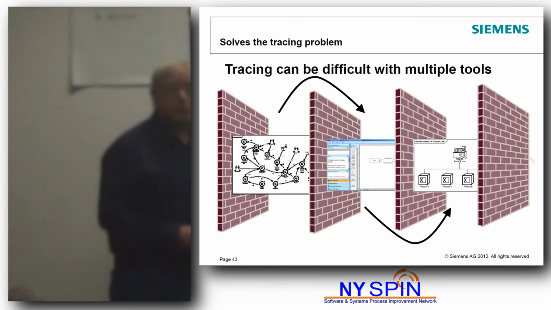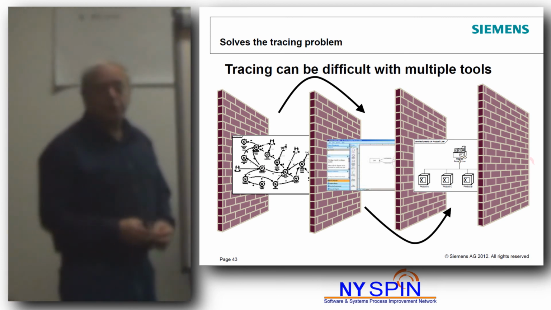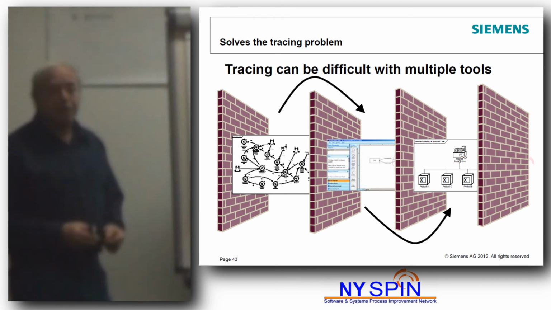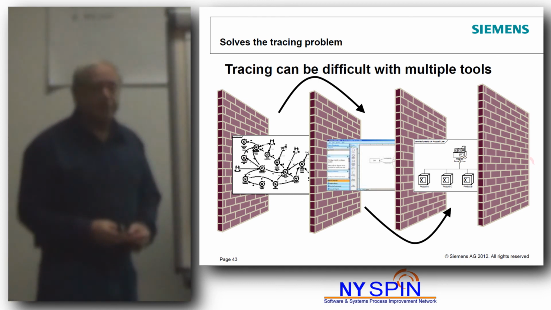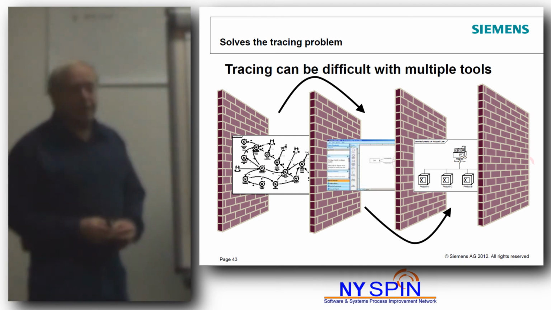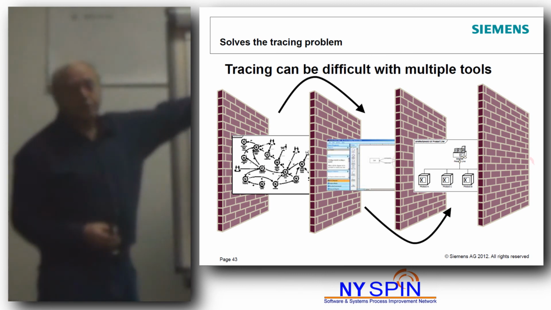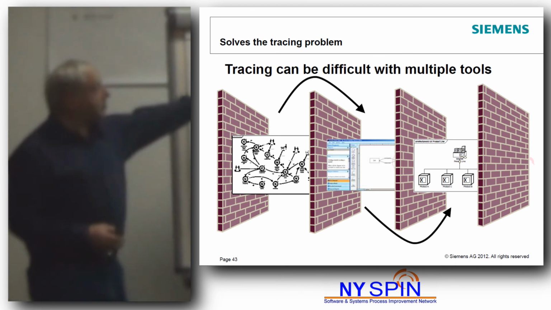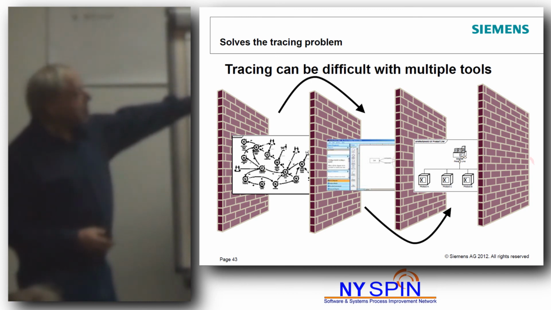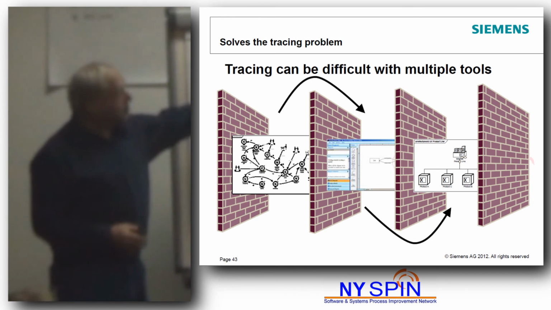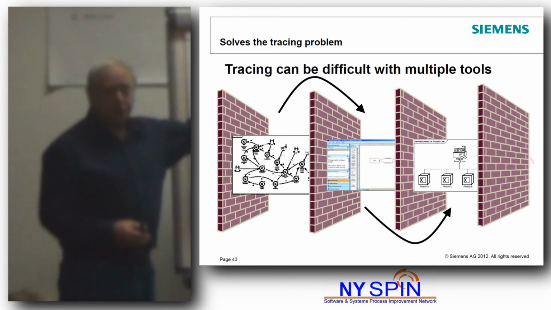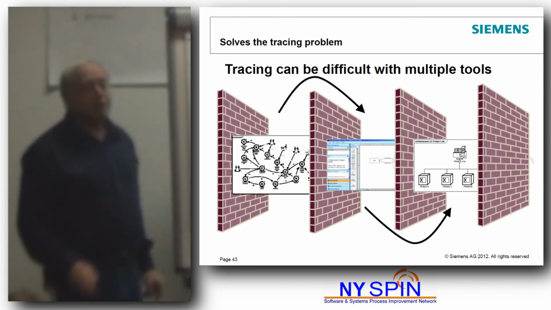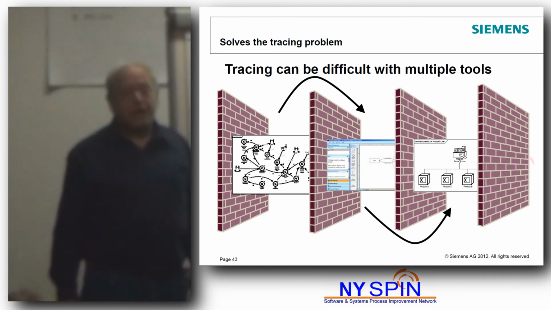Okay, it also solves the tracing problem. How many of you ever have to do tracing from requirements to design to testing? Anybody ever stuck with that? Okay. You got it all in one tool now. You can go right from a stakeholder request to a business goal, to a product feature, to a requirement, to design, because both SysML and UML are in the tool, to implementation, along with identification of the variation points in your product.